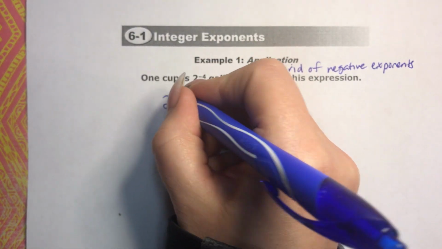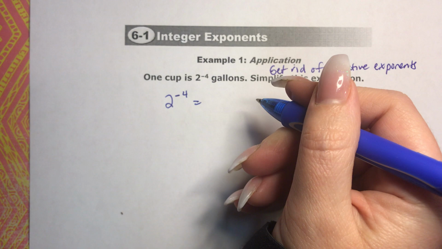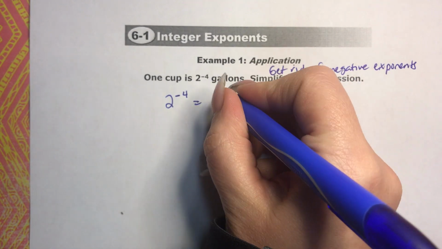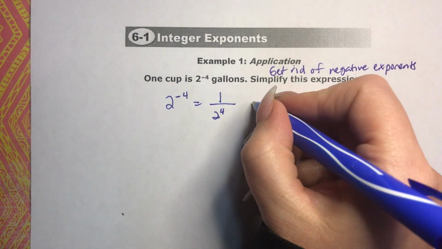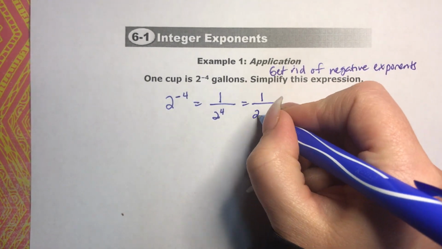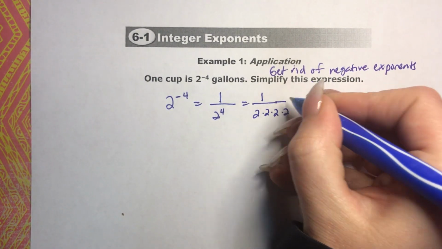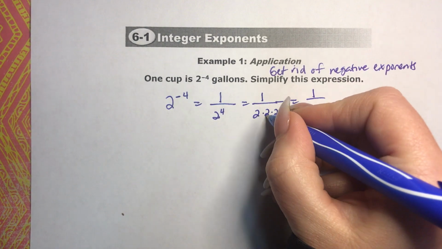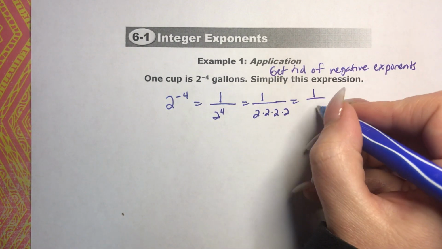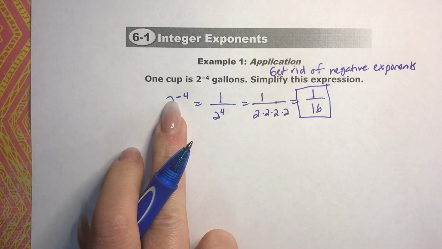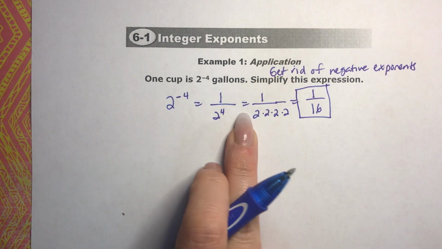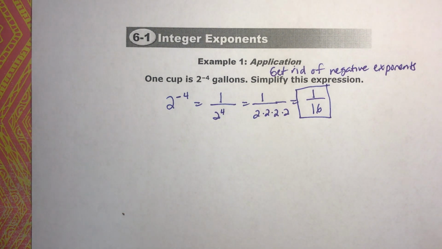So we have 2 to the negative 4th. Well, what do we know with our rule here? We know that's the same thing as 1 divided by 2 to the 4th power, right? Which is the same thing as 1 over 2 times 2 times 2 times 2, which equals 2 times 2 is 4, 4 times 2 is 8, 8 times 2 is 16. So 1/16, that is simplified. There's no longer a negative number, and we figured out what that number is.